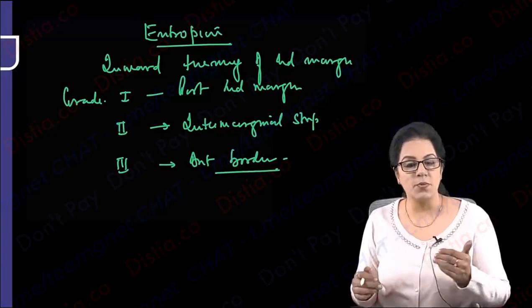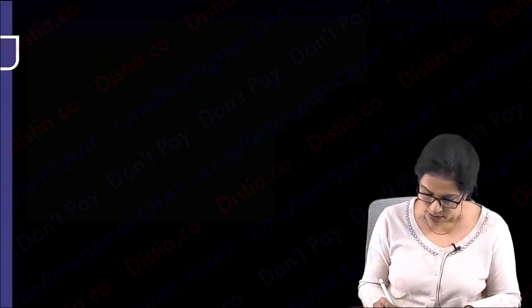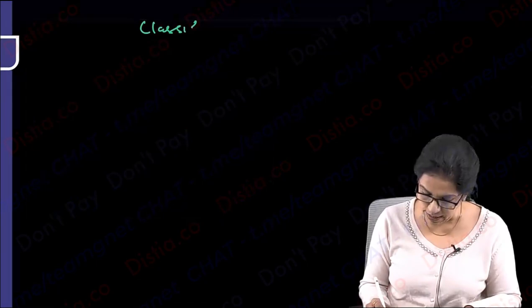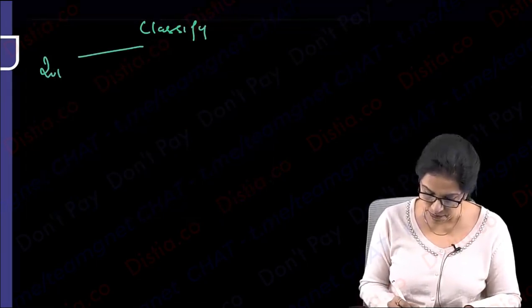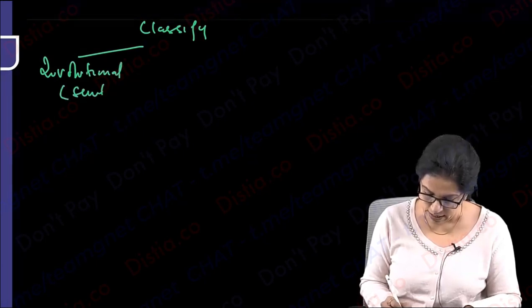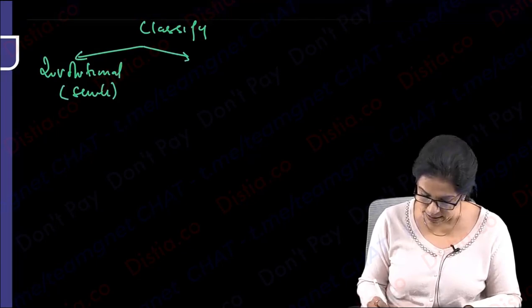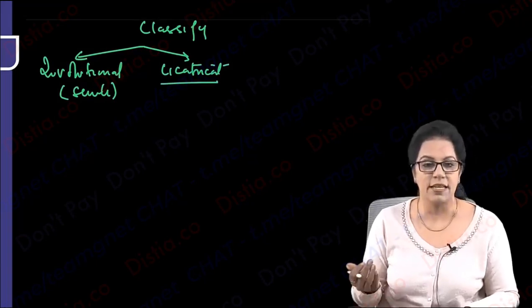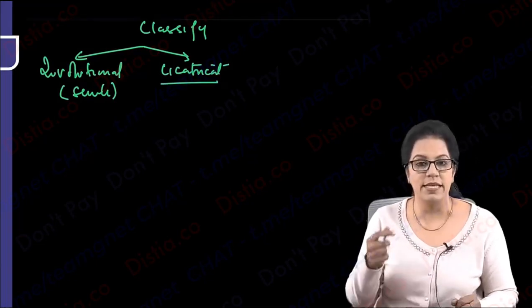Now we talk about the types of entropion. You can classify entropion as involutional, which means in old age. It can be cicatricial: any scarring in the conjunctiva can pull the lid inwards.